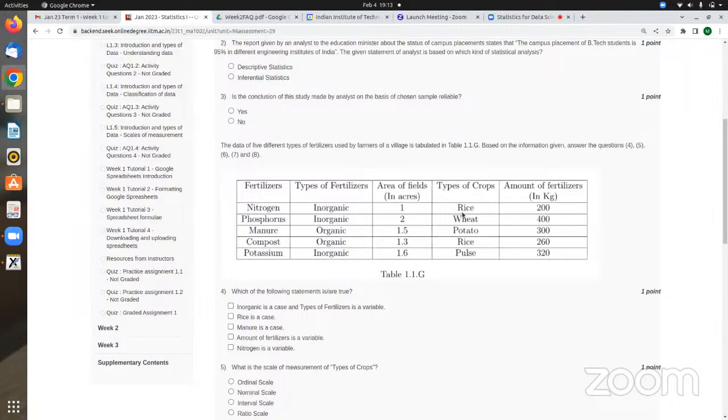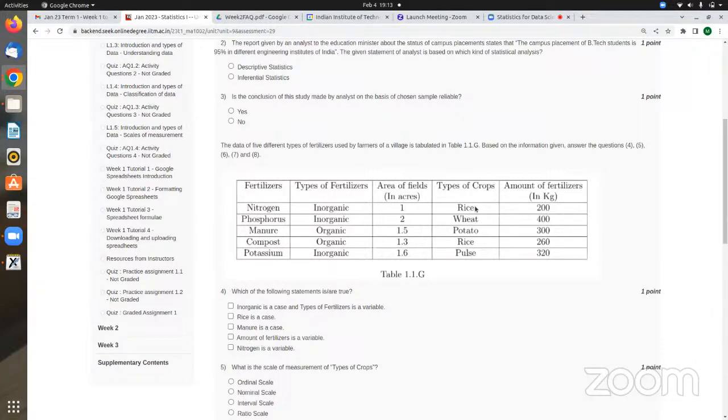Why is rice not a case? Because it's repeating, and it must be unique. Another thing is that for this type of crop we are not collecting this information.